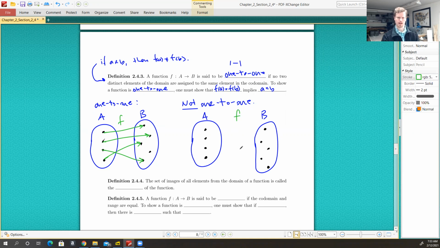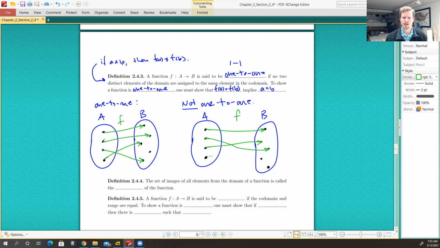Take a look at our function f. I could have the same thing here to begin with. This element is related to that one, and let's have this one be related to that one. Everything looks fine and dandy so far.